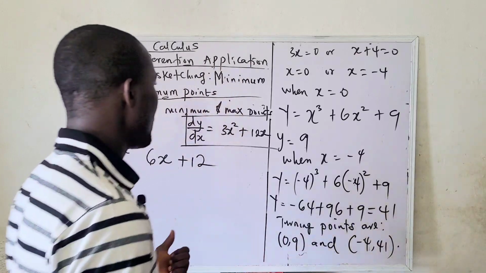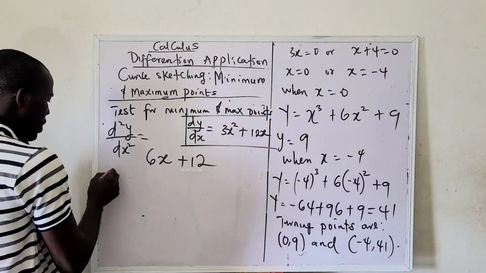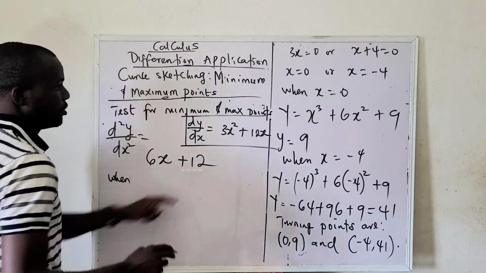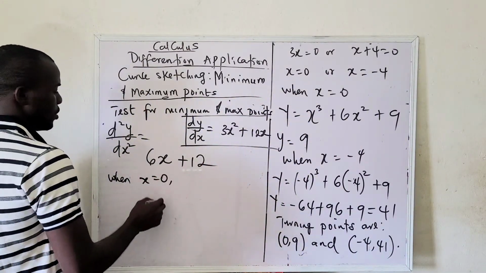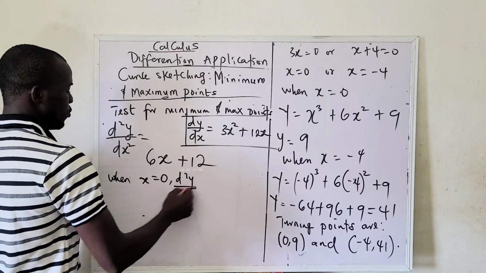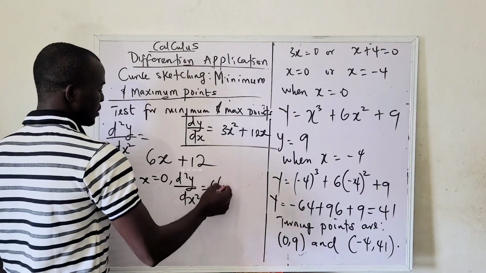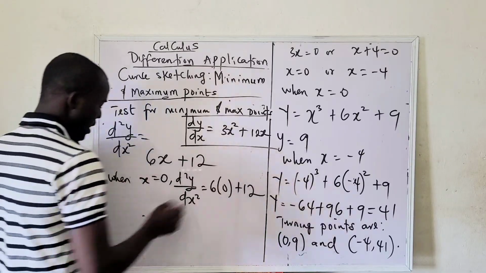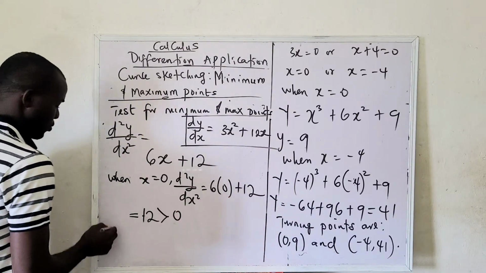So if we have gotten the second derivative, the next thing is that we want to check for the values we have gotten before. When x equals 0, our d squared y over dx squared, the second derivative, will be 6 times 0 plus 12, which equals 12, and 12 is greater than 0.